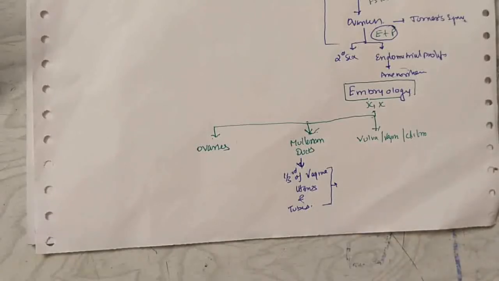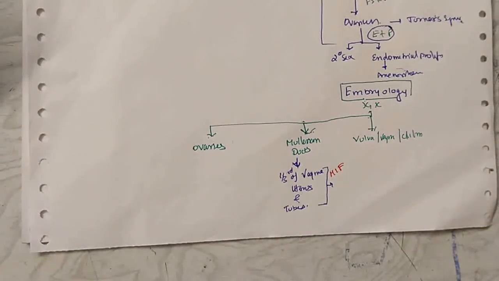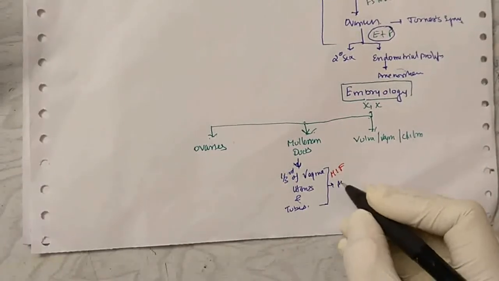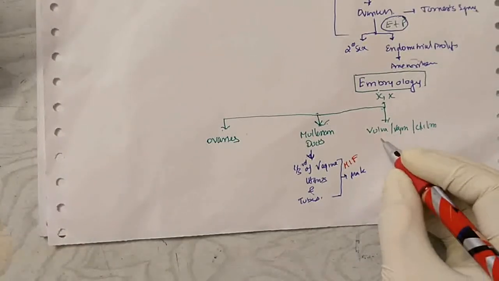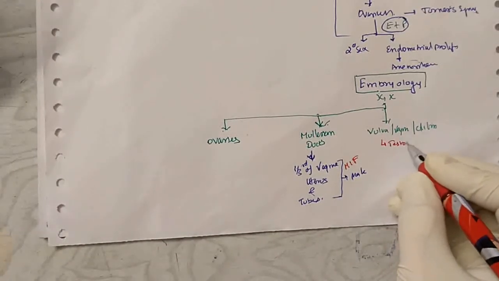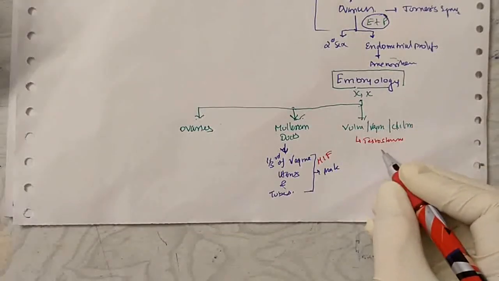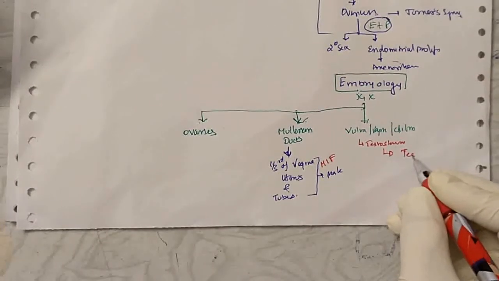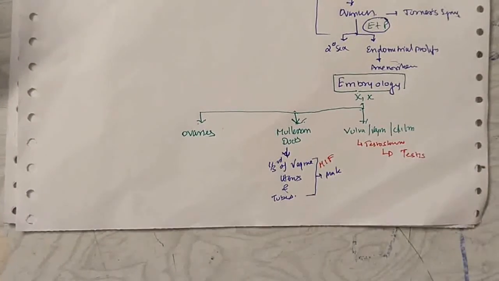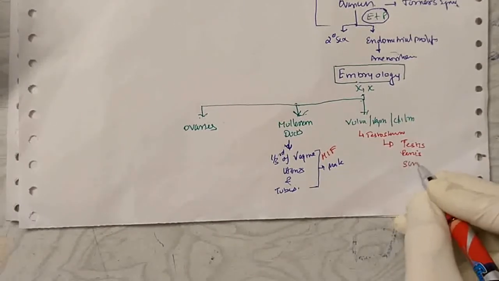If we have Mullerian inhibiting factor, then she'll have male characteristics. In this, if we have testosterone instead of normal progesterone and estrogen, then she will develop testis in the inguinal canal, penis and scrotum.